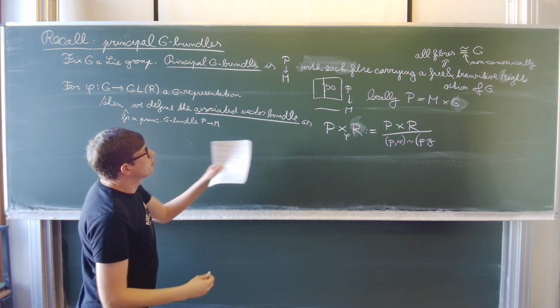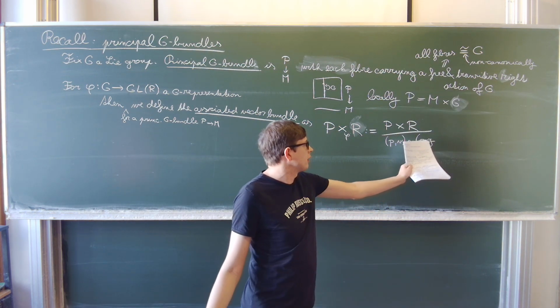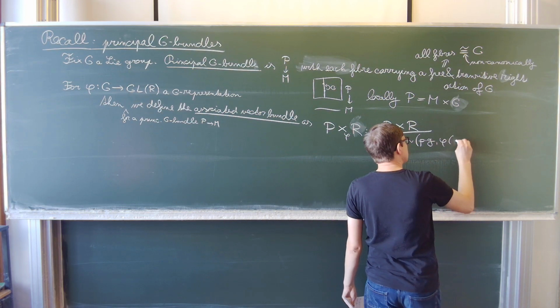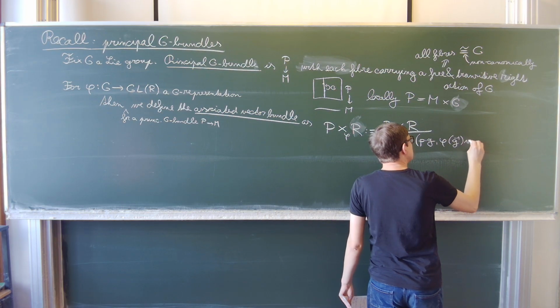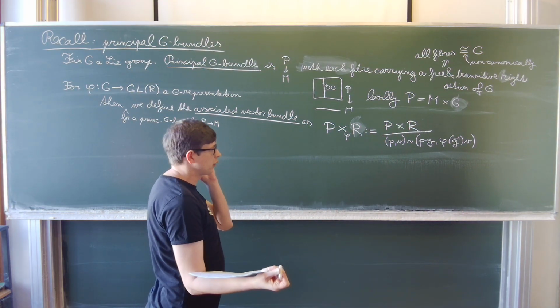G acts on the principal bundle on the right, so I will just denote it by putting a bullet dot G on the right, and here I act correspondingly on the vector using the representation.